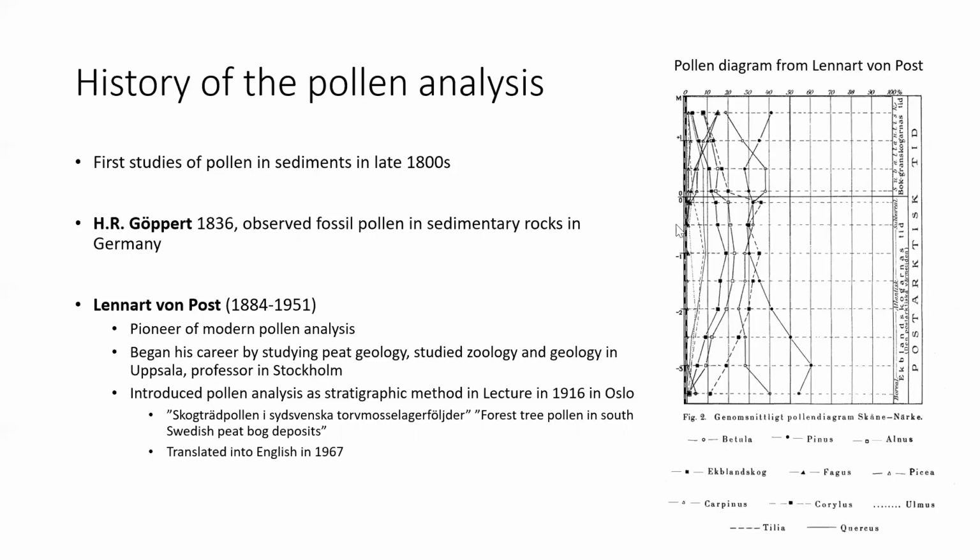This is a rough sketch of the first pollen diagram that he presented. Here you can see the curves of different taxa and how they change through the different depths of the peat record. This study was actually translated into English only as late as 1967.